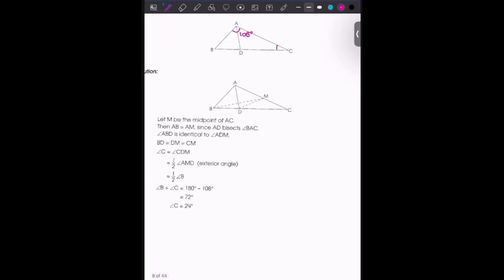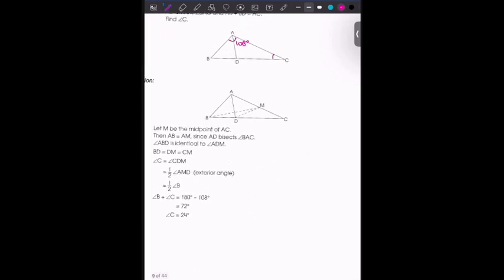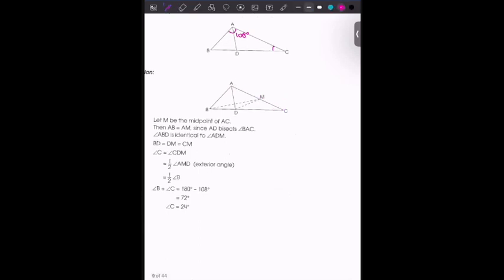Now we're going to find the midpoint of AC, and we're going to call it M for midpoint. Because M is a midpoint, we know that AM is equal to MC. And then AB is going to be equal to AM, right?